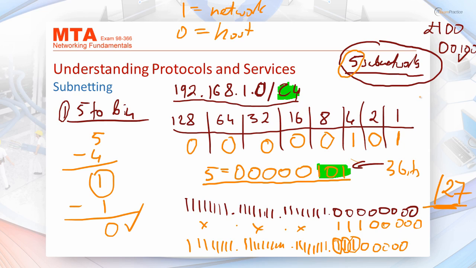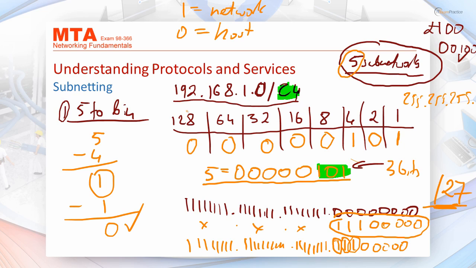That is in binary. If you want to write it as 255.255.255 dot, now you have to convert this number back to decimal. It's in binary, 1, 2, 3.